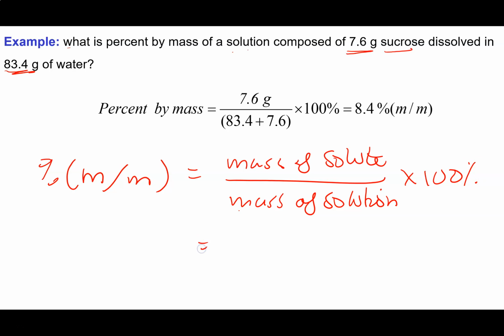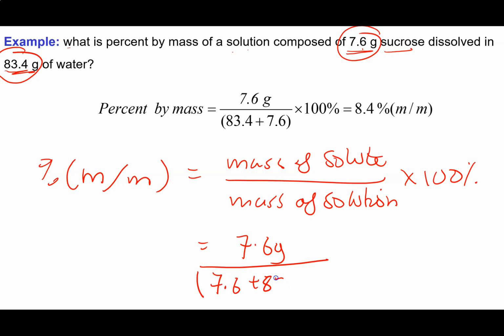So the mass of the solute in this case, sucrose is the smaller component, water is the larger component, so sucrose is the solute, that's 7.6 grams. And then the solution is composed of both components, so 7.6 plus 83.4 grams, and then finally got to times that by 100, and that gives us 8.4.